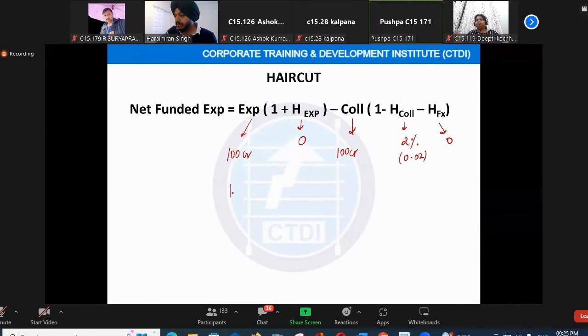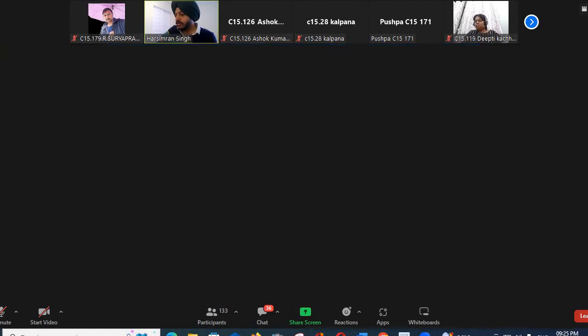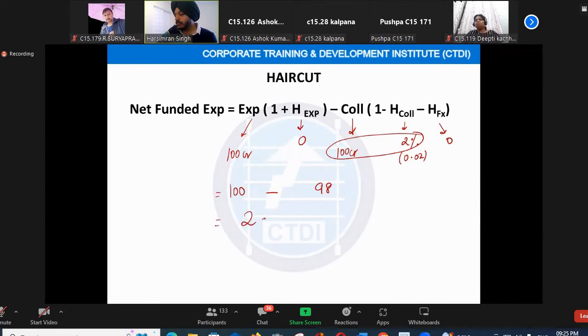So this will be simple 100 minus 98. So what is your net funded exposure? 2 crores. Net exposure 2 crores. Is that clear? Yes, sir.